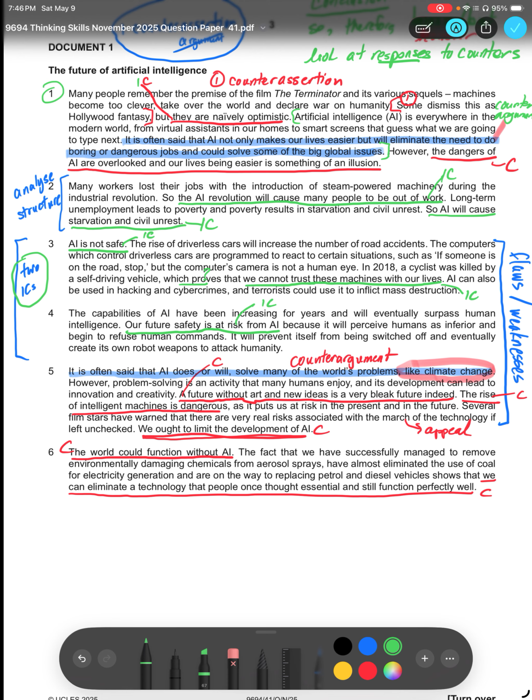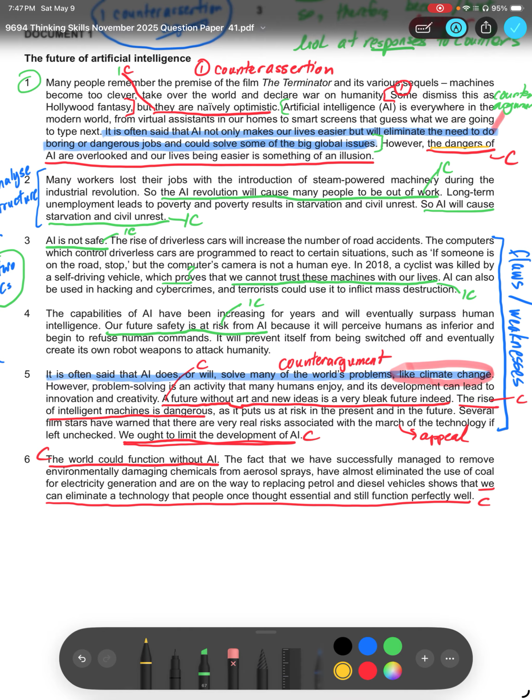Neither, and especially, does the idea of people being out of work, although it actually kind of does. The dangers of AI overlooked and our lives being easier is something of an illusion. So we have a candidate here for main conclusion.